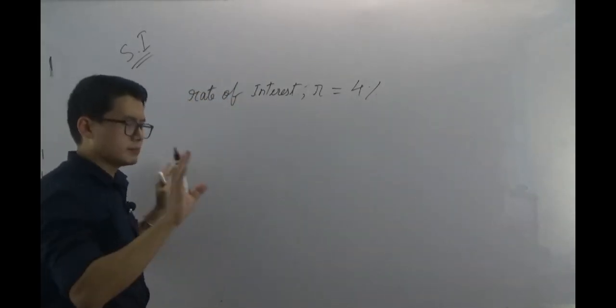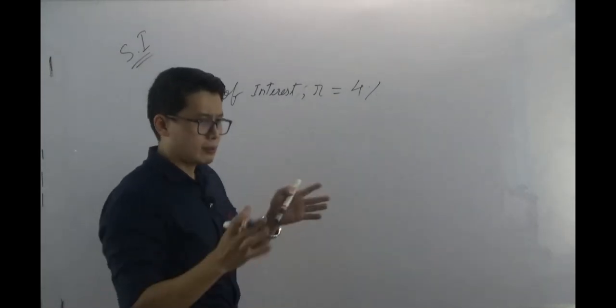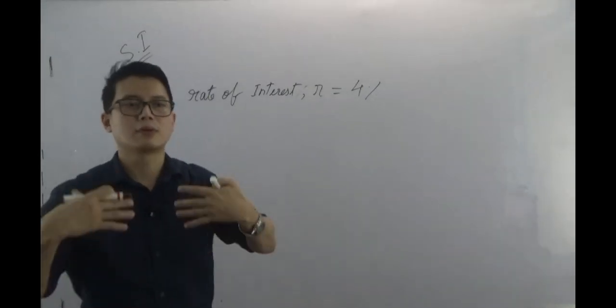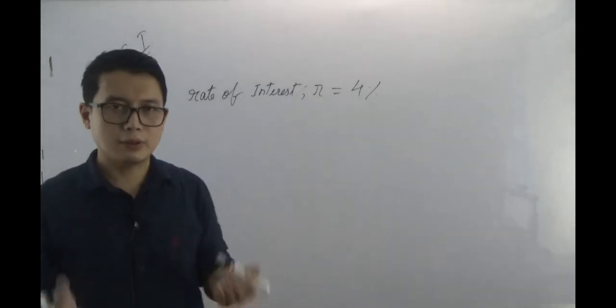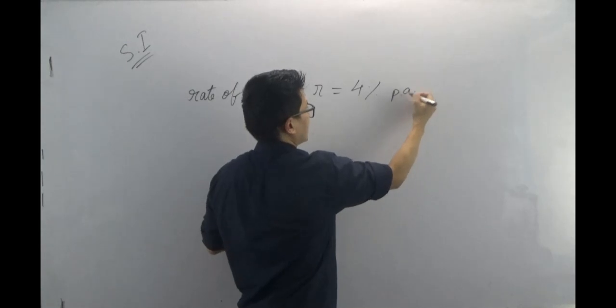Just understanding rate of interest: a particular sum, a particular amount is being lent at 4%. Let's make this per annum.